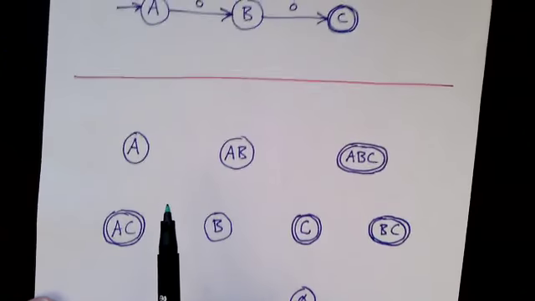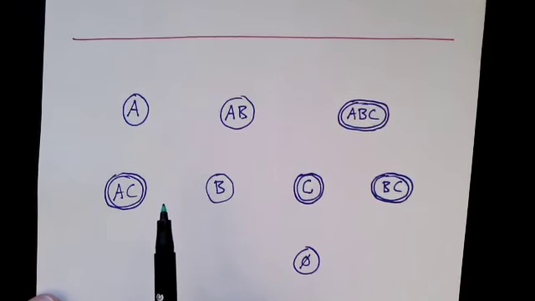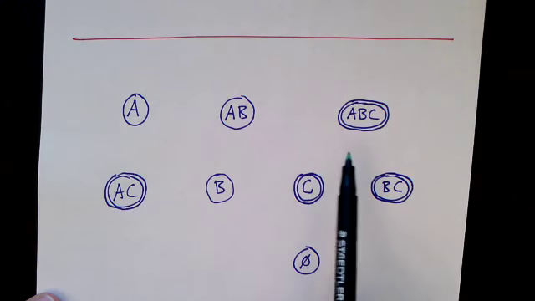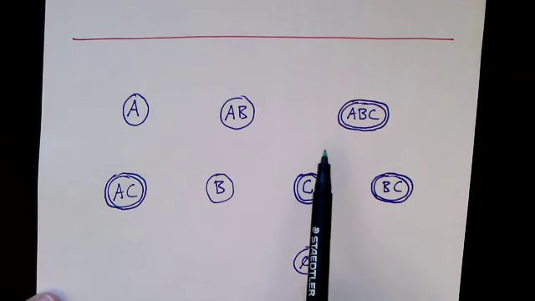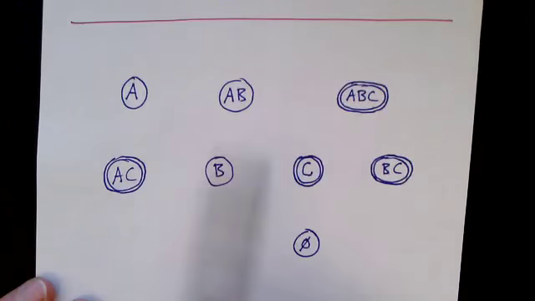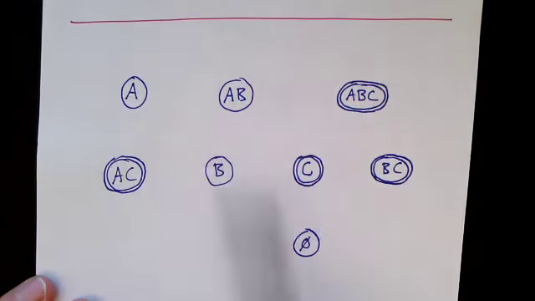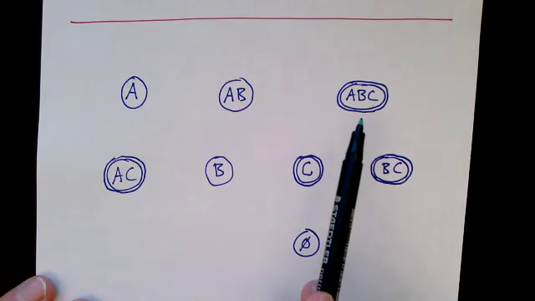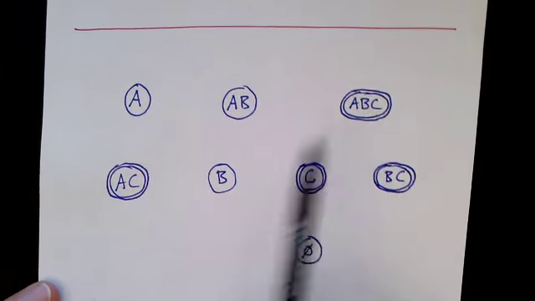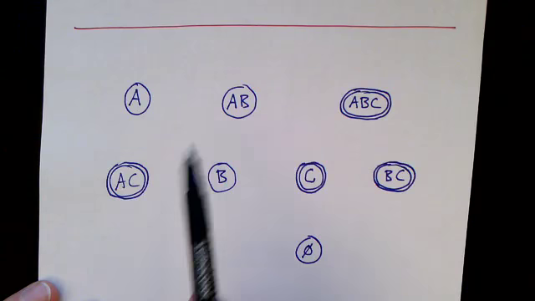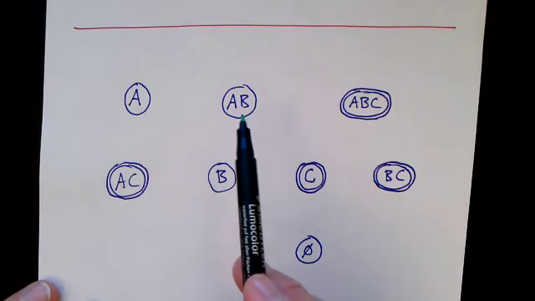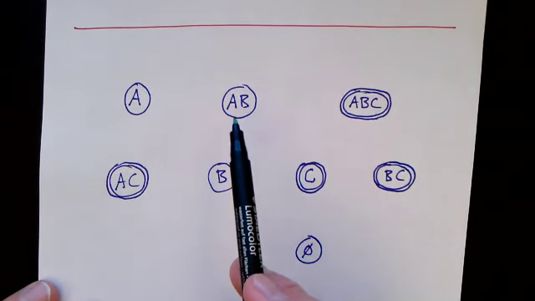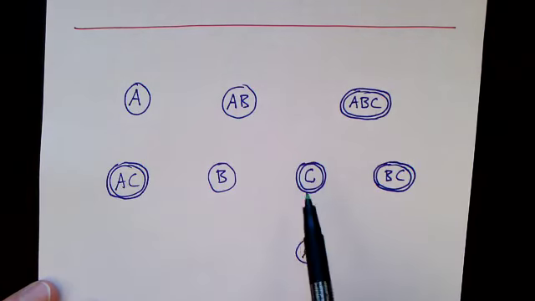Now down below, I've shown all the possible states, all the possible combinations of states. So there are 8 states here, showing each of the subsets of the set A, B, and C. So each of these states indicates that we could be in state A and B in the non-deterministic machine, or in state C, for example.